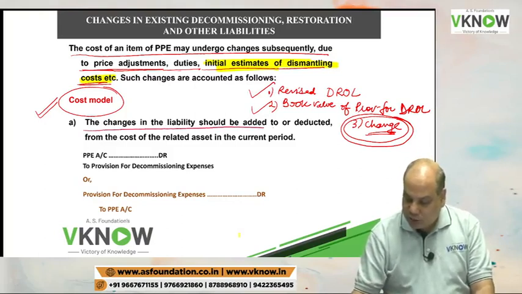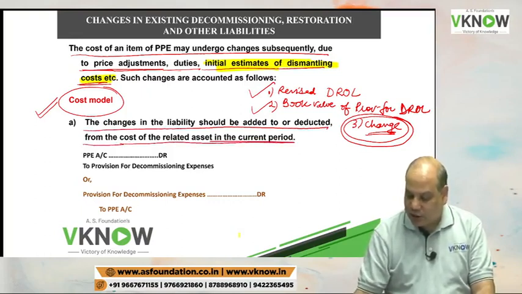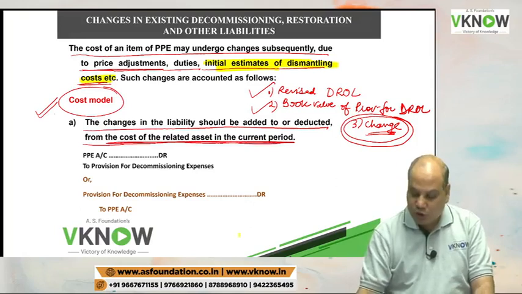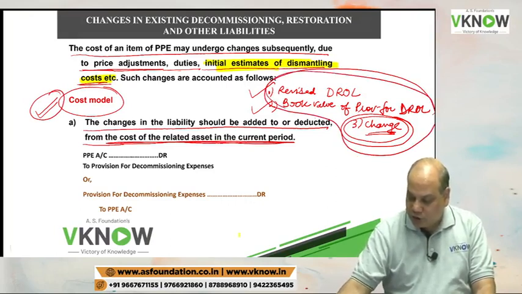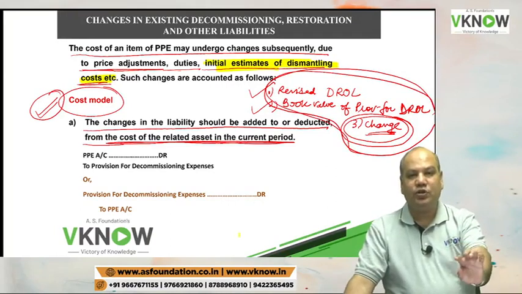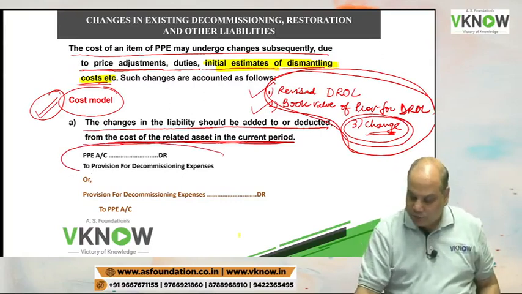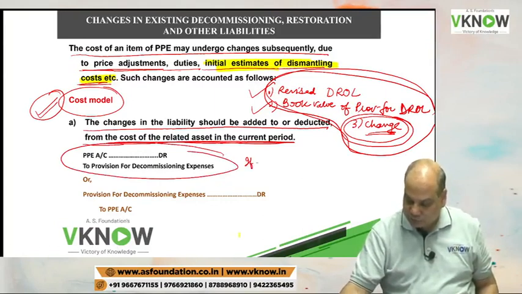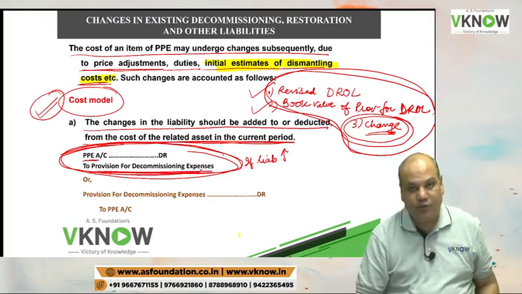The change in the liability will be added to or deducted from the cost of the related asset in the current period. So if I am following the cost model and the provision for decommissioning changes, I am going to adjust the related asset account, the PPE account. If the liability increases, you will record this entry: PPE account debit, to provision for decommissioning expense.